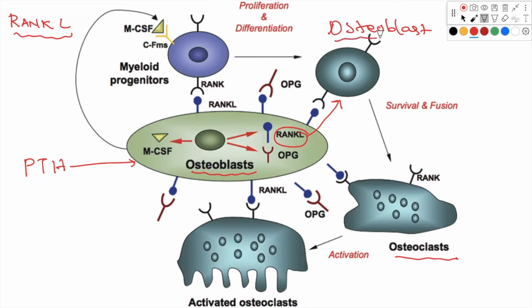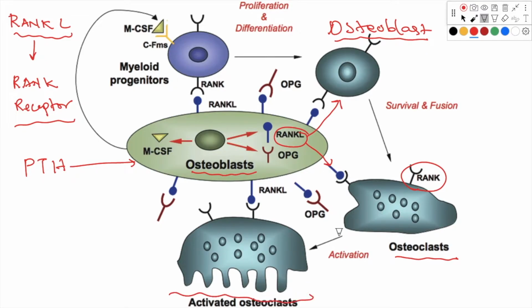This is not important for us, so you don't have to remember this. What the RANK ligand basically does is attach to the RANK receptor. Remember this. The RANK ligand attaches to the RANK receptor on the osteoclast, and it stimulates and activates the osteoclast, which then produces a ruffled border, attaches itself to the bone and causes bony resorption.